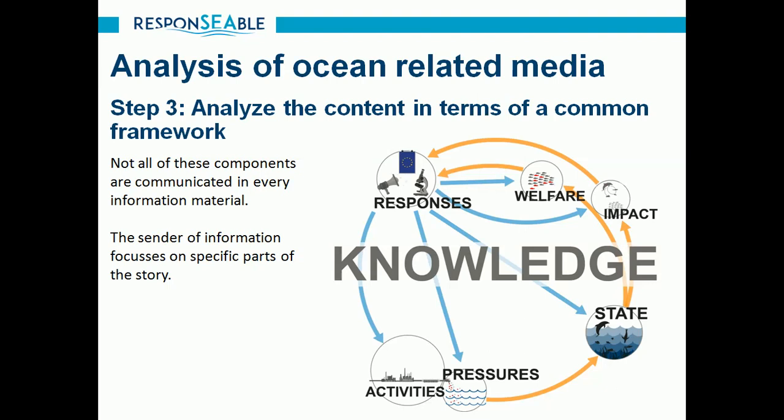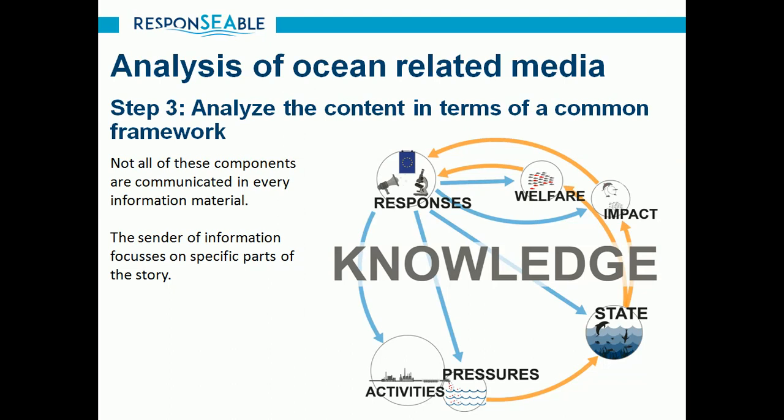Of course, not all these components are communicated in every information material. For example, some information material will focus on impacts, some other will focus on pressure or on responses, or 2 or 3 of these elements might be targeted by the same materials.